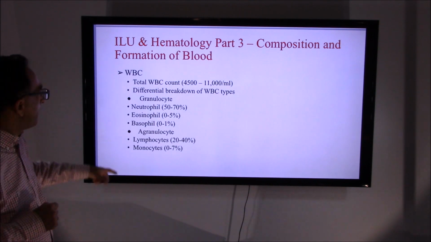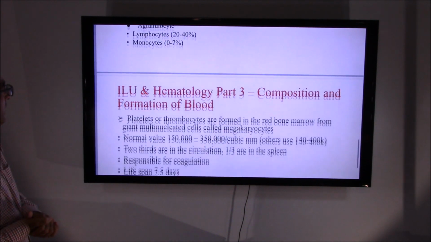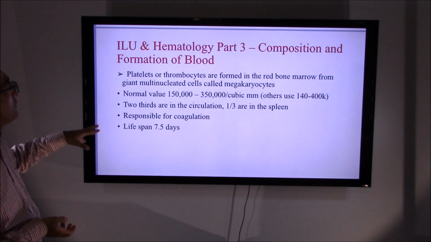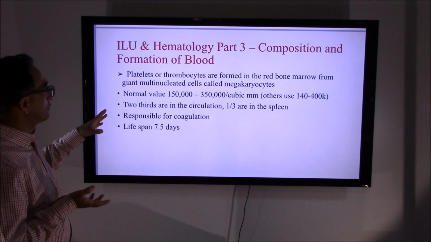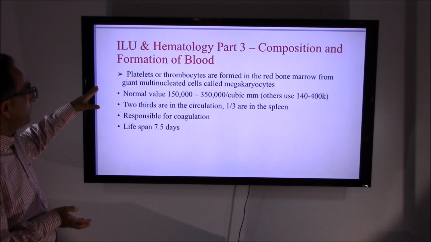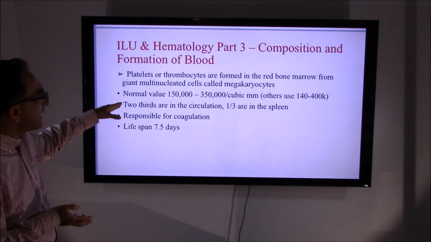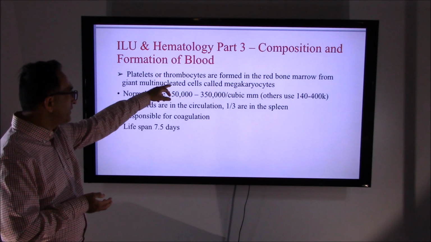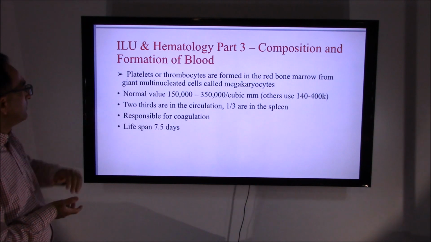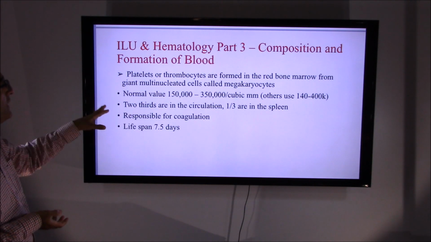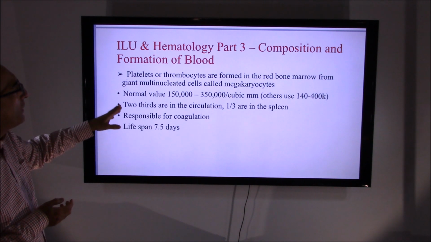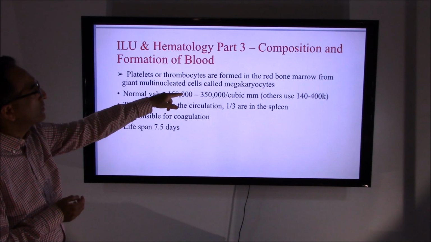Let's move on to the next slides, and we will touch base on the platelets or the thrombocytes. Actually speaking, although in one of the previous sessions we said cyte means cell and thrombo is platelet, they are technically not cells, but they are the breakdown of megakaryocytes.